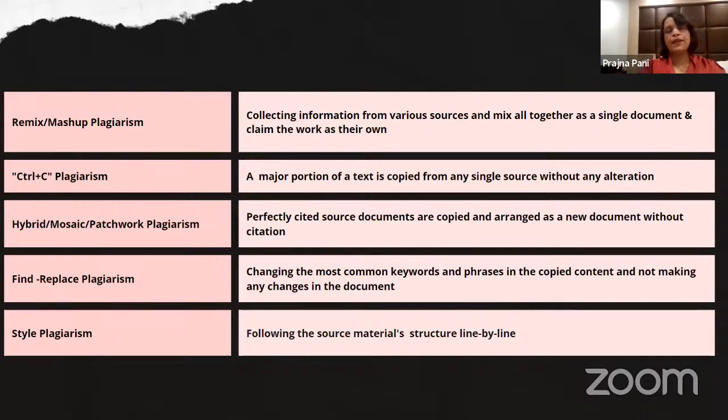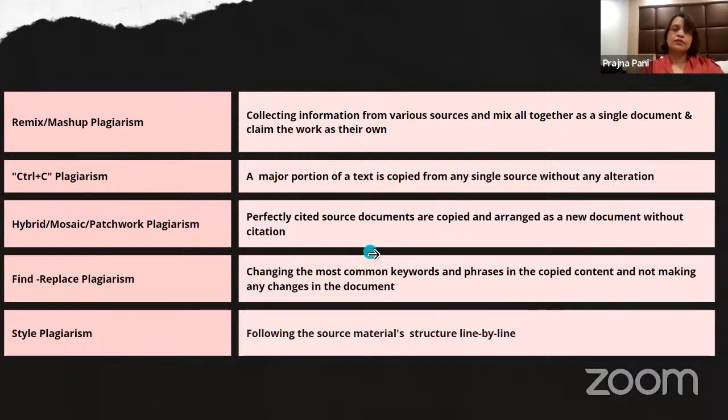Find and replace plagiarism. I can give some examples. I don't want to switch over to the Word file because it takes time to come back to this. So when we talk about some paraphrasing tools, just remind me to talk about find and replace plagiarism.